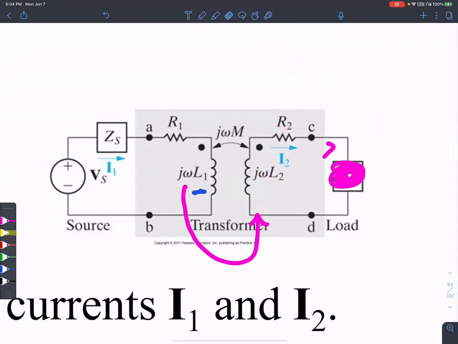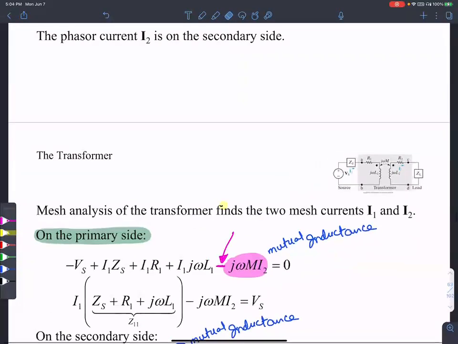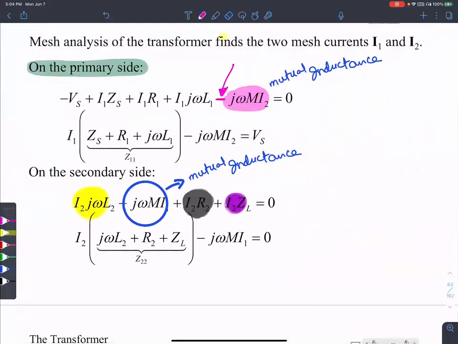So there are four terms that you would expect in the KVL of the right-hand side, and sure enough there are 1, 2, 3, and 4 terms in there.